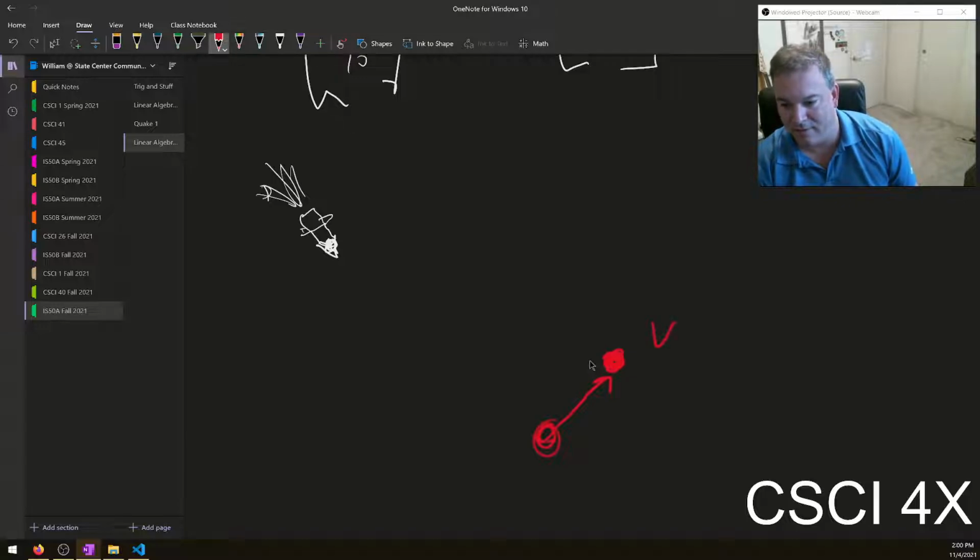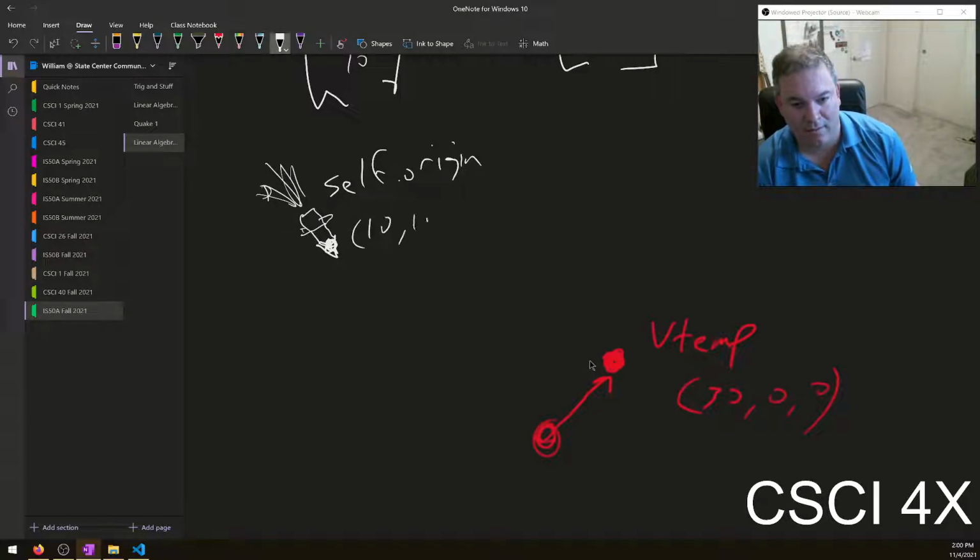So we've got this thing called vtemp, which is the location of the dot. Let's say this is at, I don't know, 30, 0, 0. And our location up here, self.origin, is at 10, 10, 0. So the laser dot is here now. Okay. You understand? That's the vtemp x, vtemp y, vtemp z.